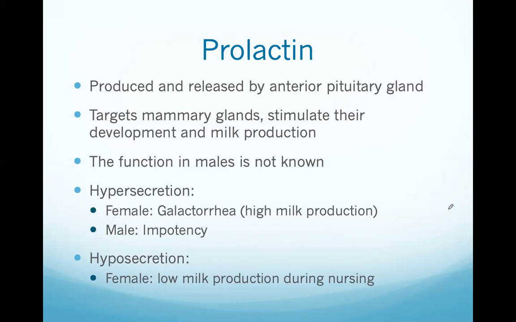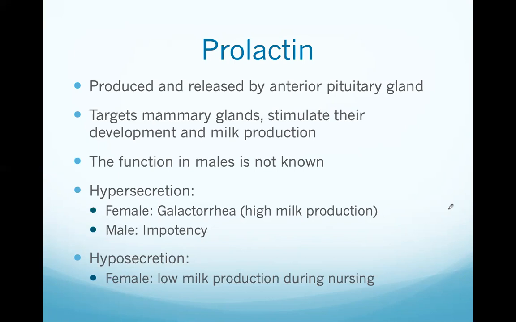So if you have hyposecretion or low levels of prolactin in males, you really won't see a significant change. However, in females, if you have low levels of prolactin during pregnancy, that typically means that after childbirth, your milk production remains low.